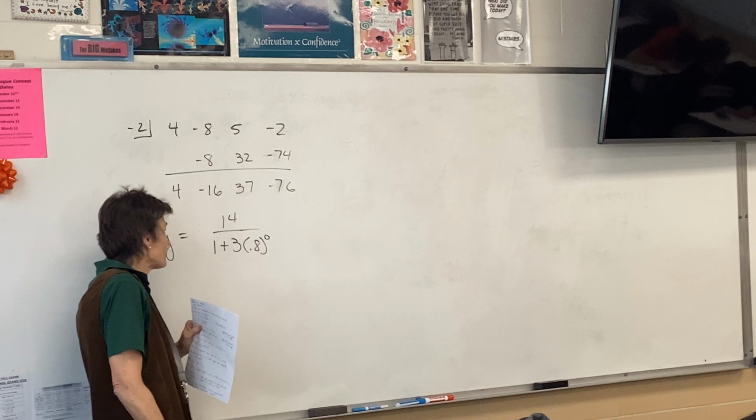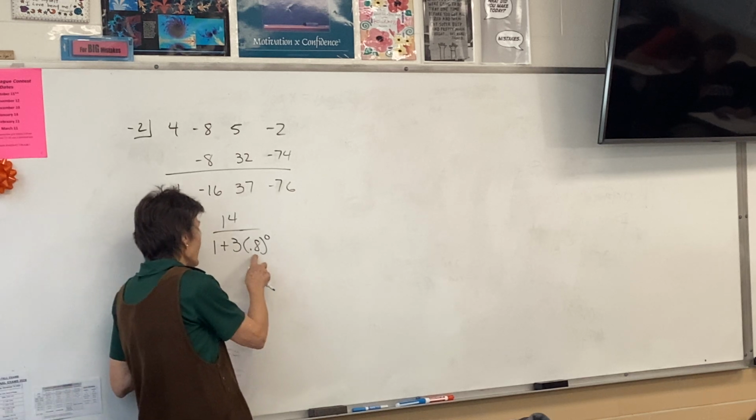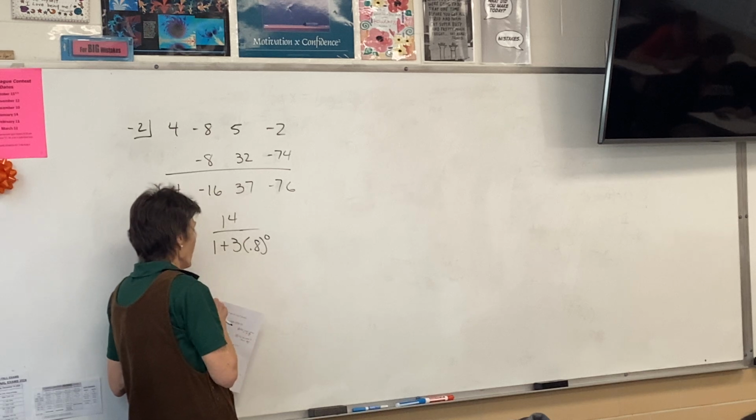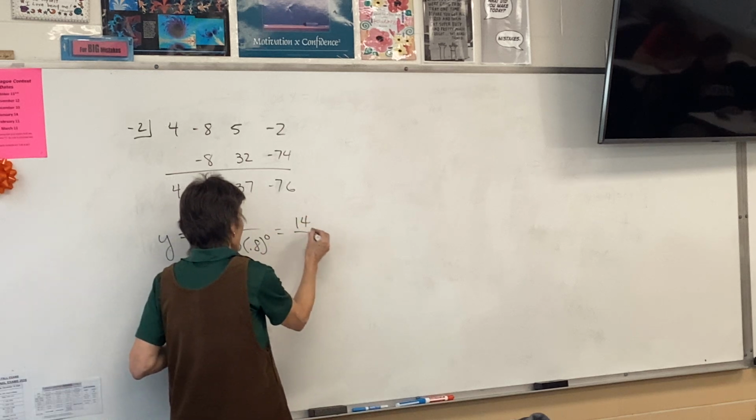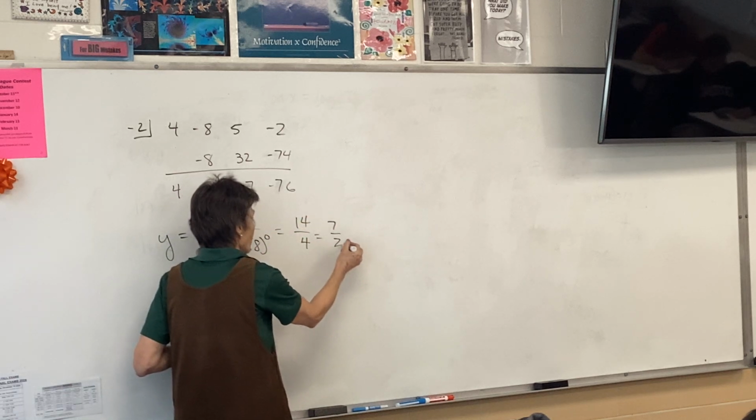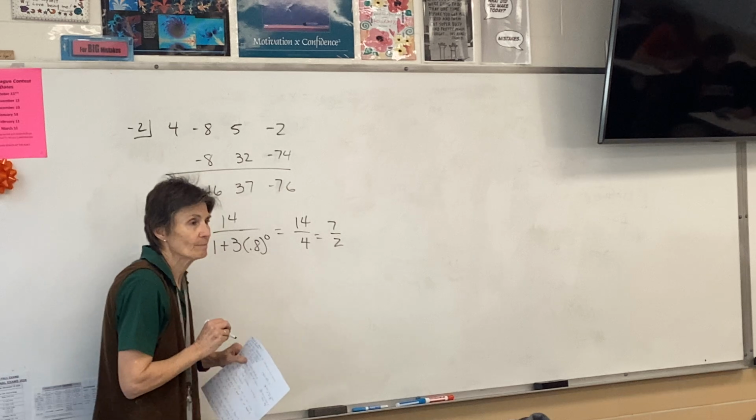So, what is 0.8 to the 0? 1. Times 3 is 3. Plus 1 is 4. So we have 14/4 or 7/2.